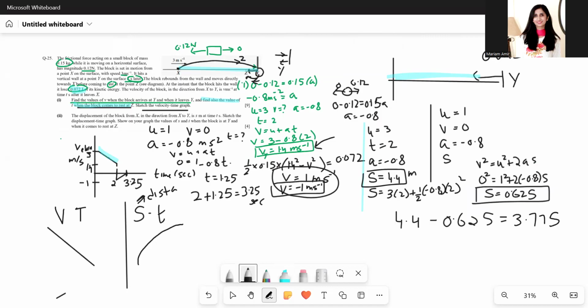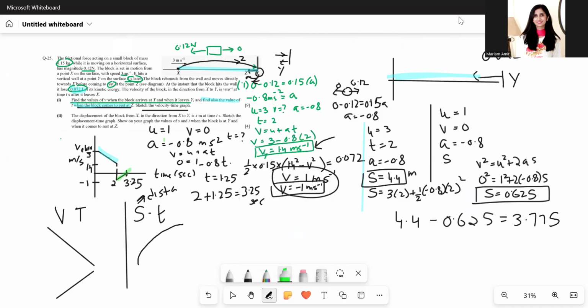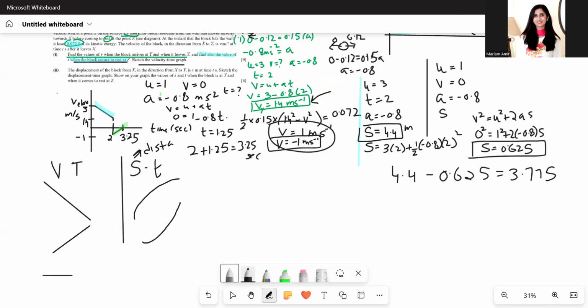And if it's an increasing line, like from here to here in a speed time graph or a velocity time graph, then the distance time graph goes like this. So these are two different curves. And in the speed time graph, if there is a flat line, then the distance time graph goes like this. Now we're going to use these here.